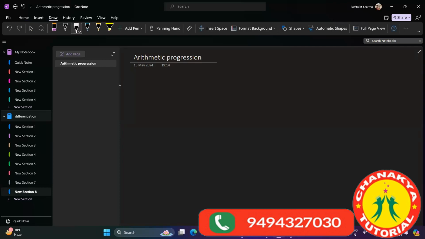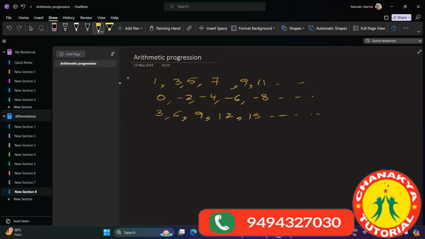Yes, children. You have seen these type of patterns sometime in your book: 1, 3, 5, 7, 9, and then 11, or you can say 0, -2, -4, -6, -8, and so on, or you can say 3, 6, 9, 12, and then 15. Right?